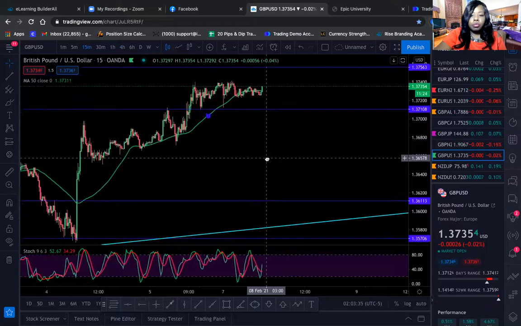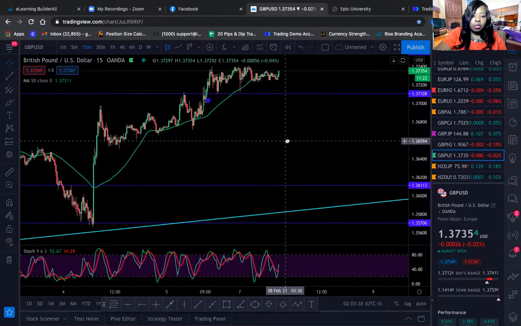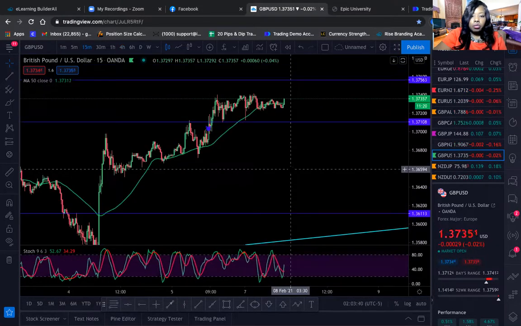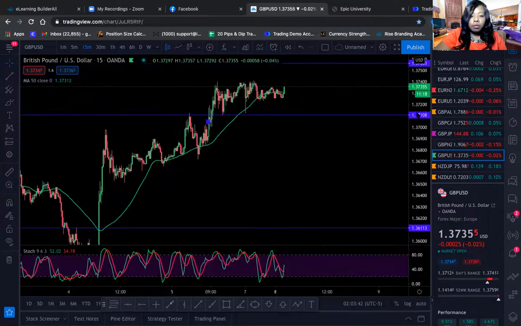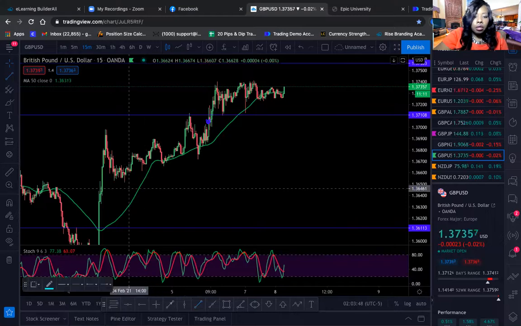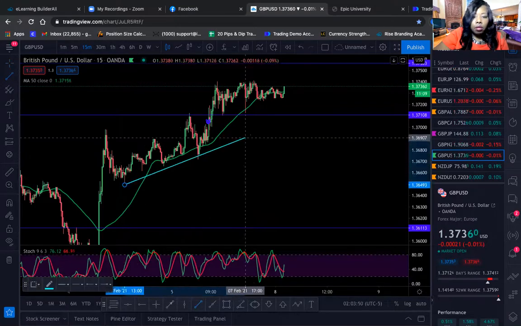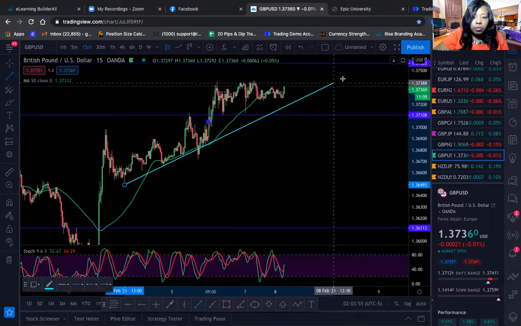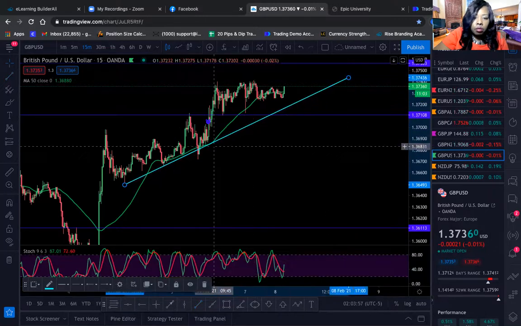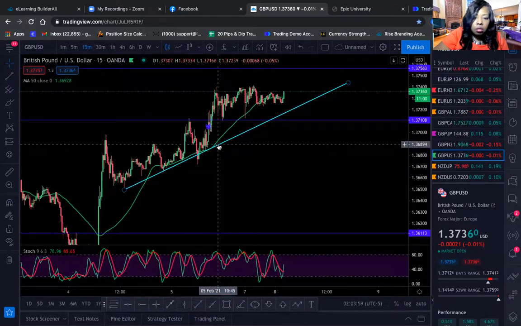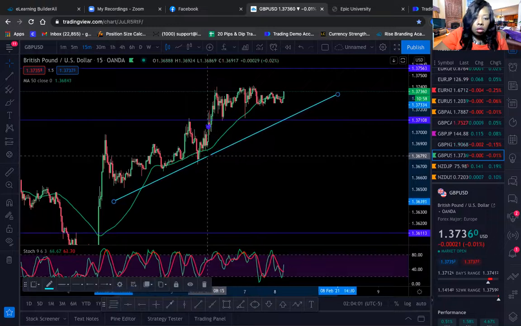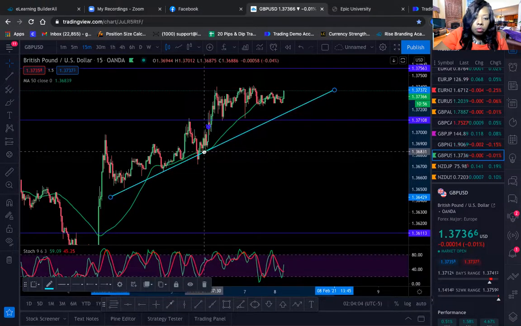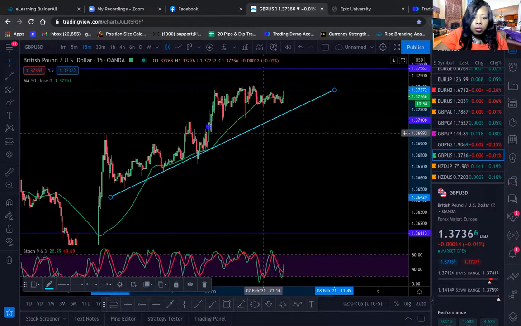I'm seeing my trend. And actually, since I'm on a lower time frame, I could set up another trend line here so that I can get a real sniper entry, okay? So let's see. I want to get a real sniper entry here.